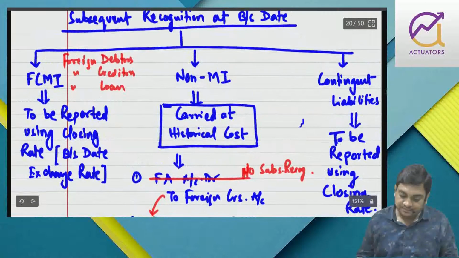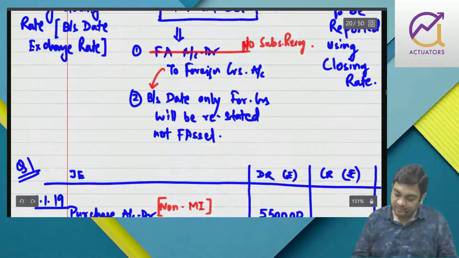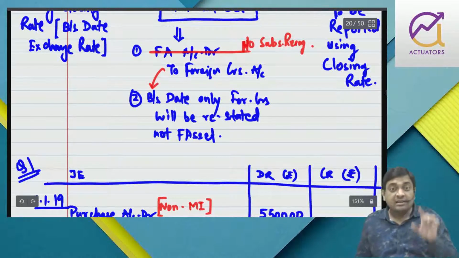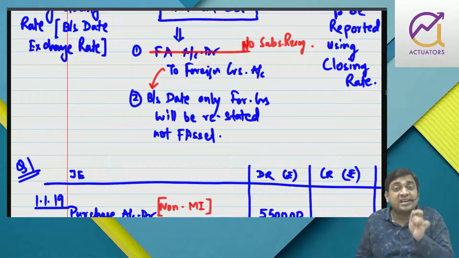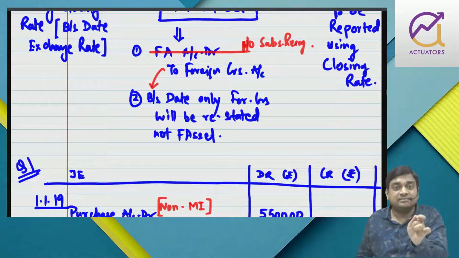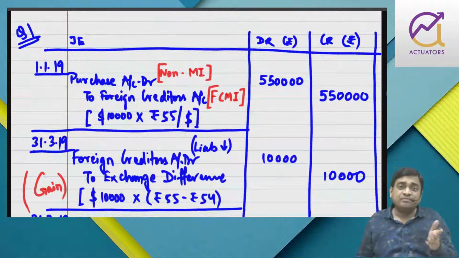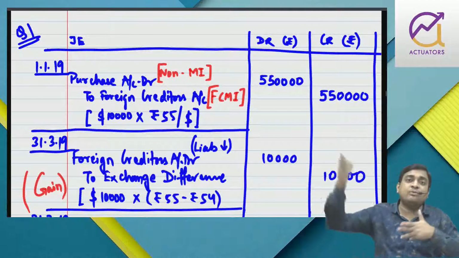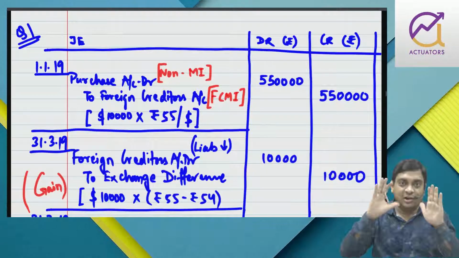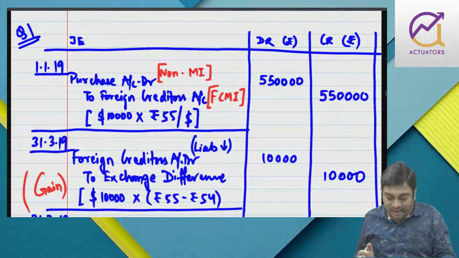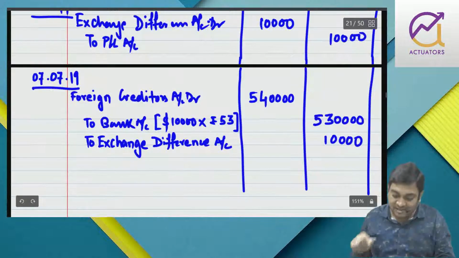Right? So number one. Second mistake, on the balance sheet date, things will be subsequently recognized using the closing date exchange rate, but they took the payment date exchange rate. First of all, how on 31st March I'll come to know what was the rate on 7th of July? Logical. So this is absolutely wrong on two aspects. One is the treatment is wrong.